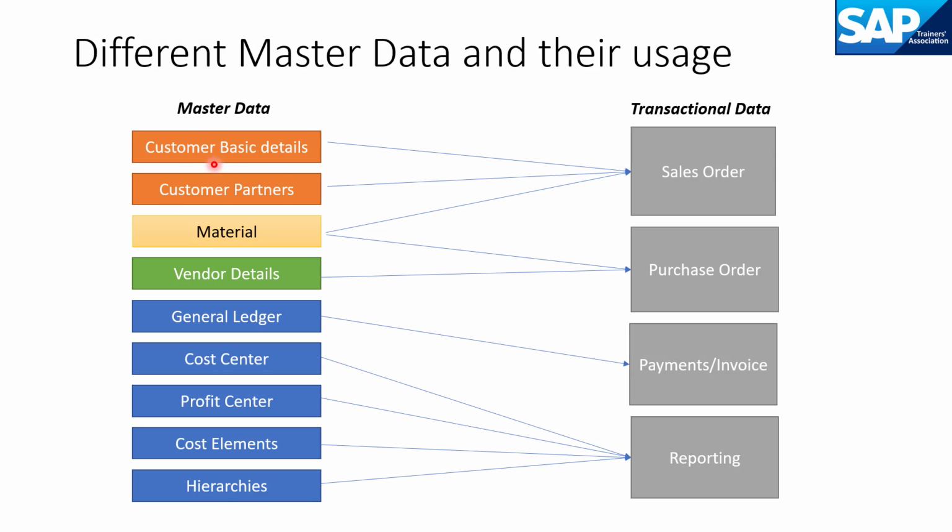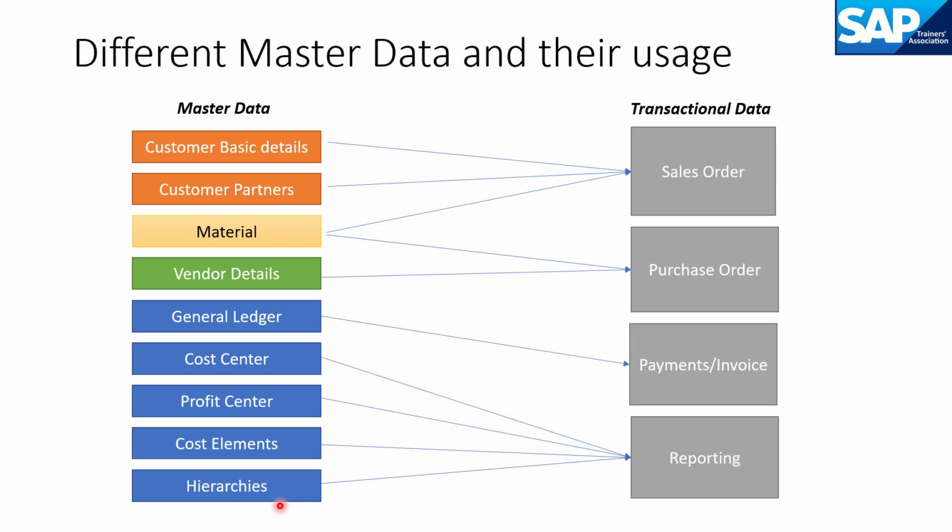Your customer details, your customer partners, your material details, your vendor details, and then your financial details. So it is like general ledger, cost center, profit center, cost element, and hierarchies. This is part of finance data. Some of the finance data, your account numbers, let's say, remain the same. Your account numbers don't change.